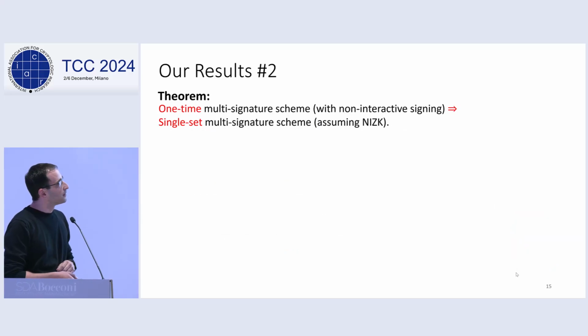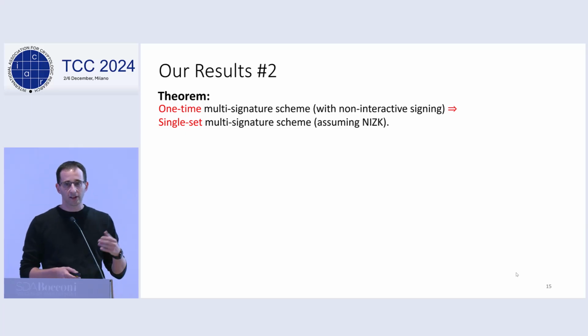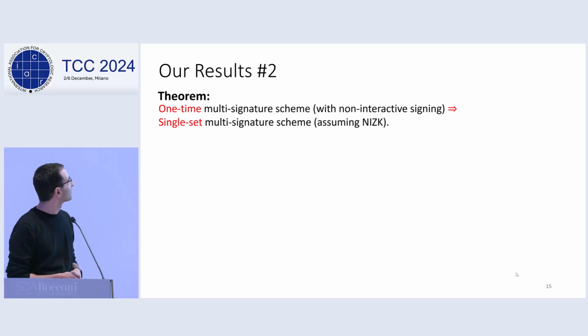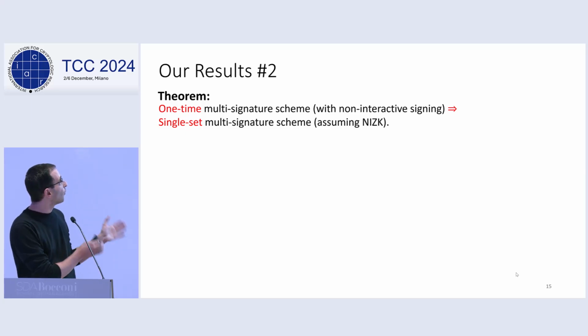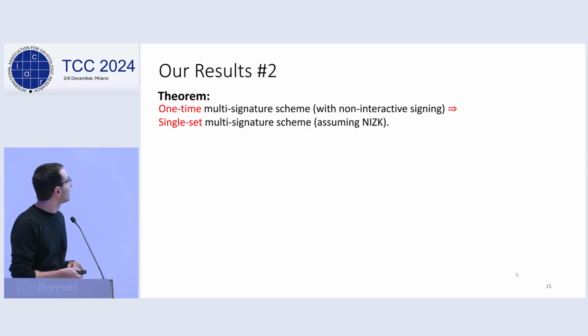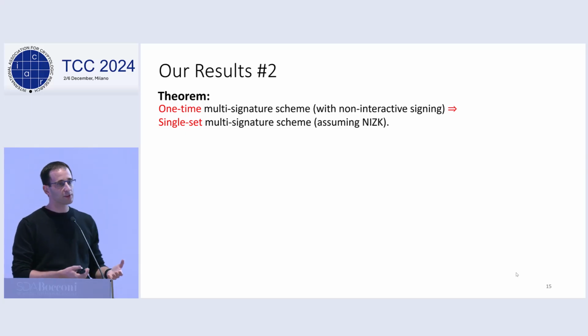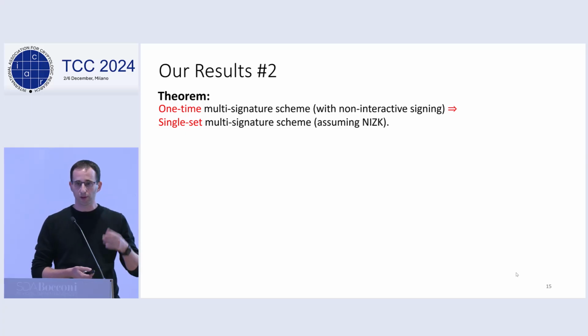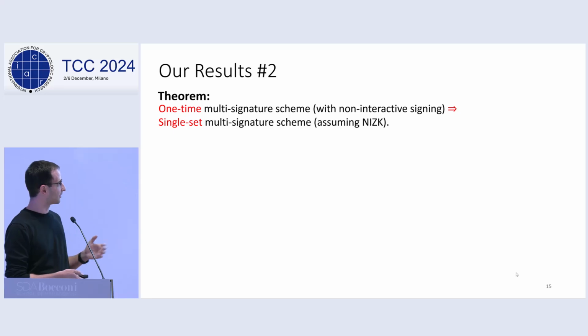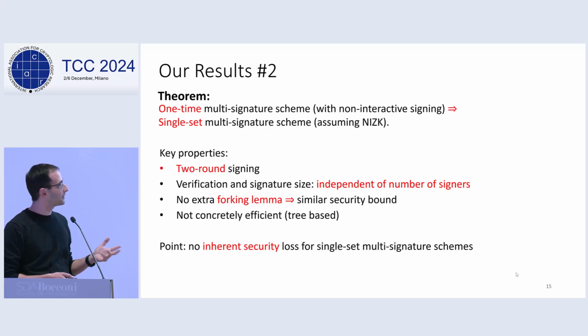The second result is less practical, more of a proof of concept. We show that you can go from one-time multisigs with non-interactive signing to a single set multi-signature, where you can ask for many signatures for the same set, if you have an ISK. The key properties are that we have a two-round signing.